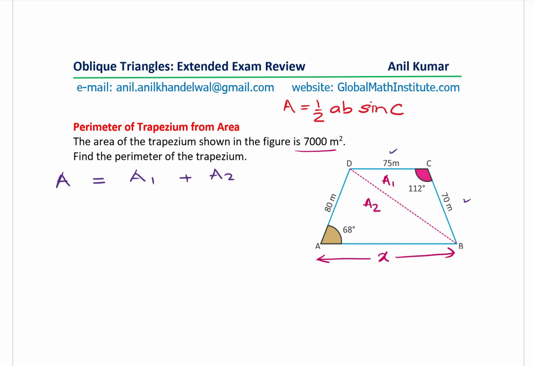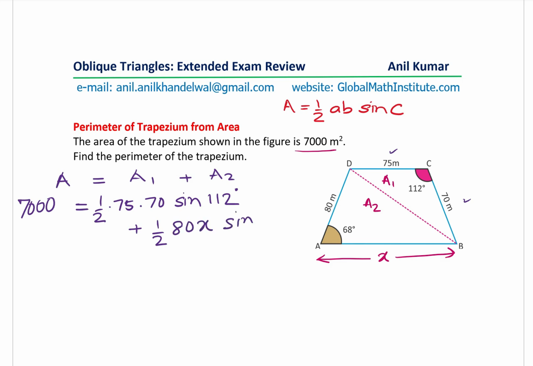We are given the area of 7,000, so let's write that down first. The area of the first part will be half of the two sides mentioned, 75 times 70, and sine of the included angle, which is 112 degrees, plus the other area, which is half of 80 times x times sine of 68 degrees.